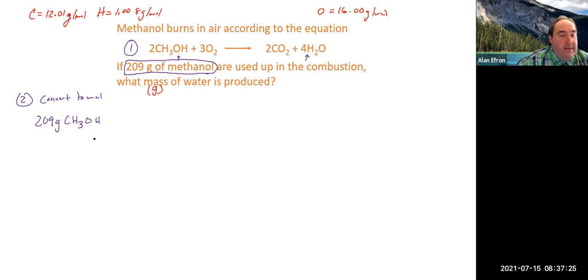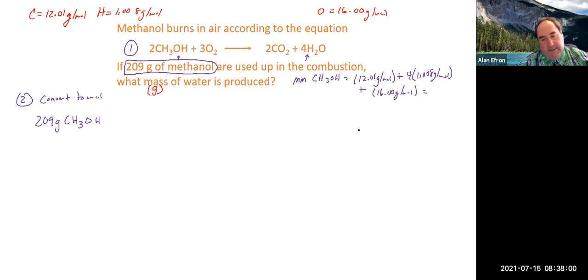In order to do that, as we talked about before, we need the molar mass of methanol, CH3OH. That means we should have 12.01 for our carbon, there are 4 total hydrogens at 1.008, and then 1 oxygen at 16 grams per mole.